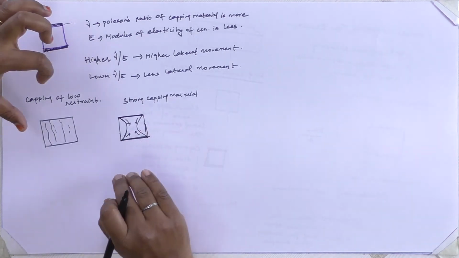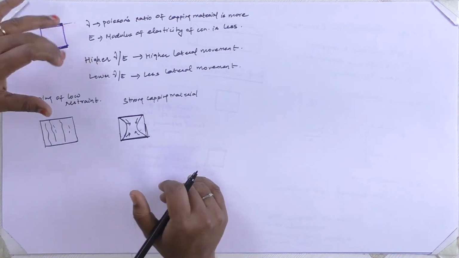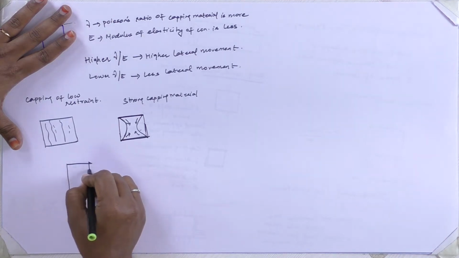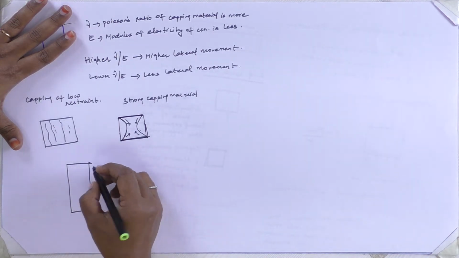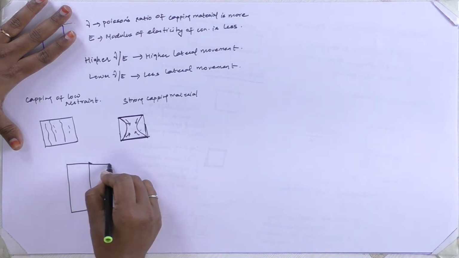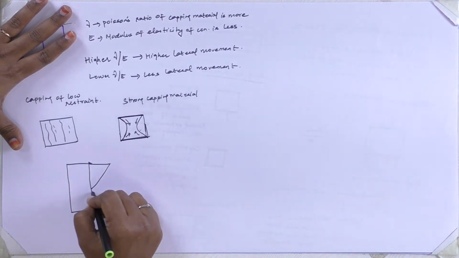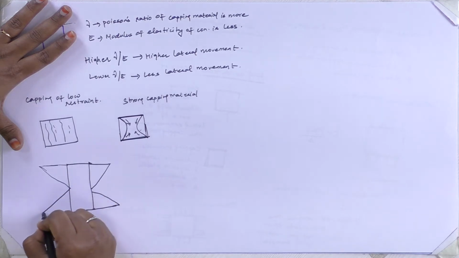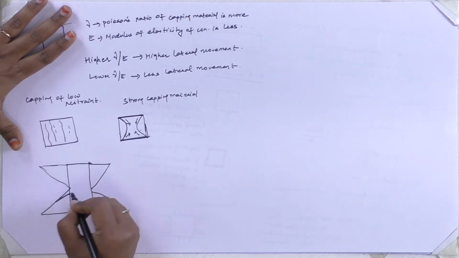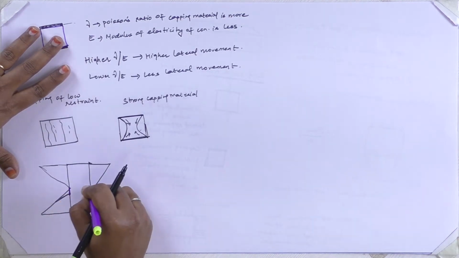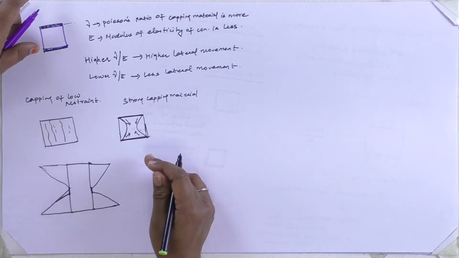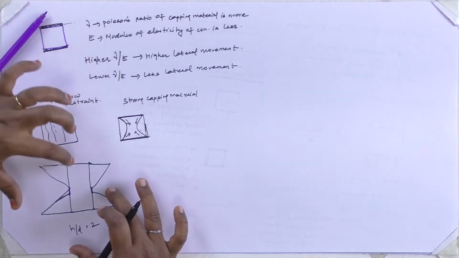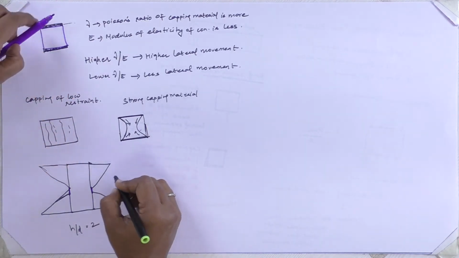And this is all about end condition and capping. The same Platen effect, if we observe it for cylinders, here my h by d is 2. This is for a cylinder, how this Platen effect will be.